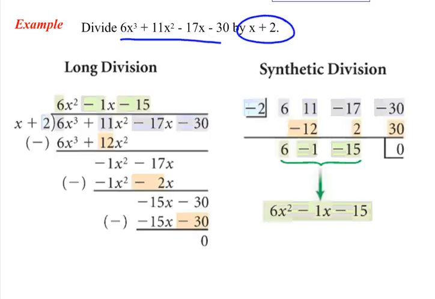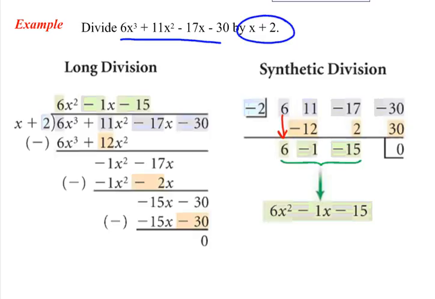Now that we have this initial setup right here, we are able to start the synthetic division problem. And we start it by bringing down this first number, in this case the 6. Now the general rule for synthetic division is the numbers under this line are being multiplied, and the numbers above the line are being added.